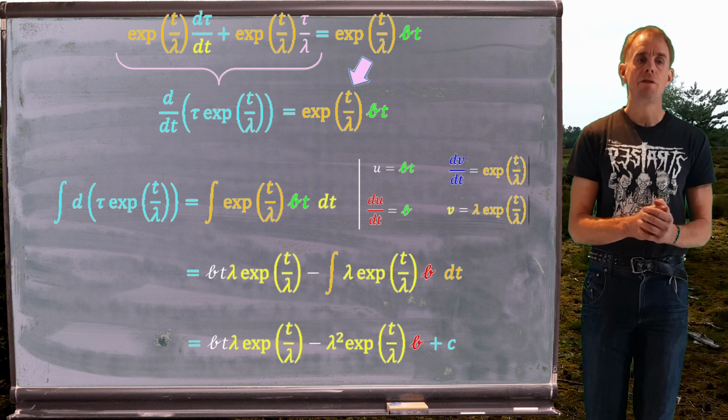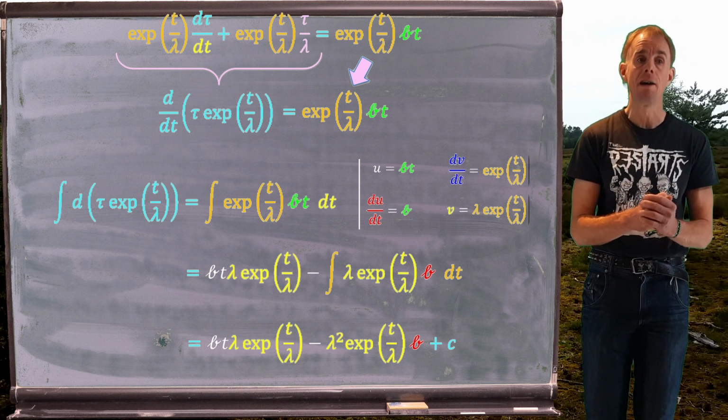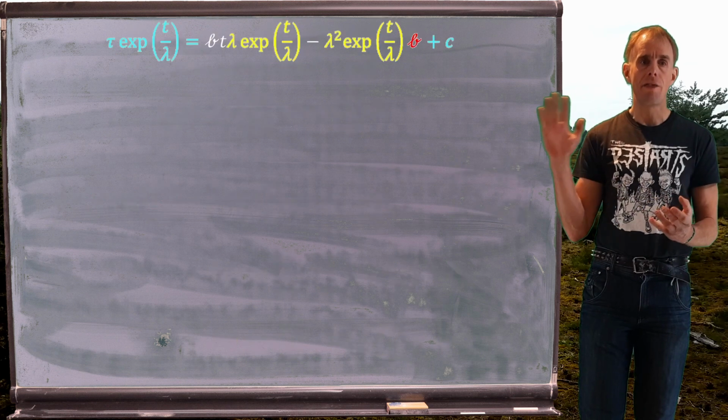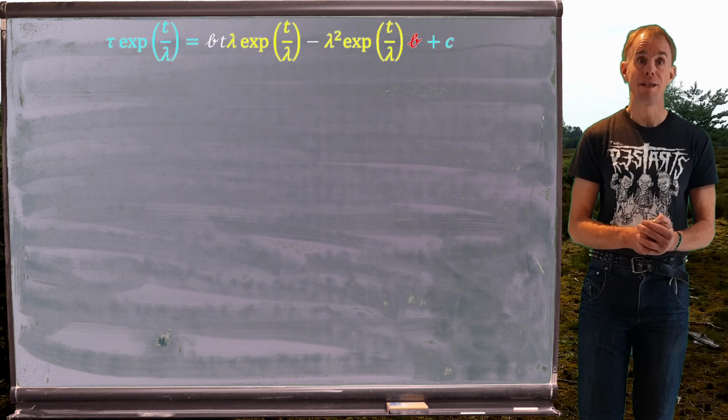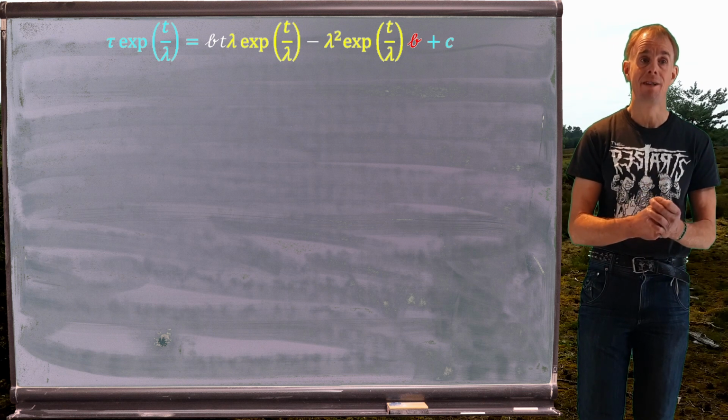So we there have what the right-hand side equals to, and the integral of the left-hand side is just simply tau e to the t over lambda. So let's write that out. There is my completed integral, complete with my integration constant c that I now need to find. Now, we're going to invoke an initial condition with which to find c.